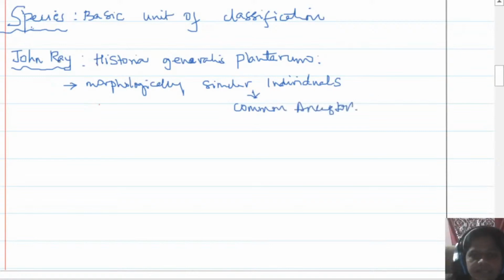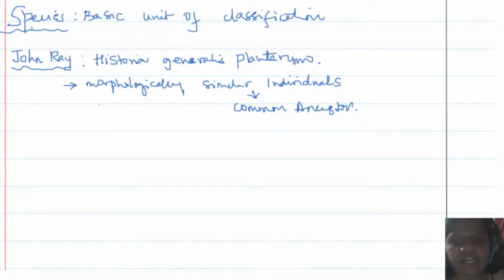Okay, so the first guy who came up with the species concept is John Ray. According to him, species means these are morphologically similar individuals. What does that mean? These guys have morphologically similar characteristics because they have come from a common ancestor. That is according to John Ray.